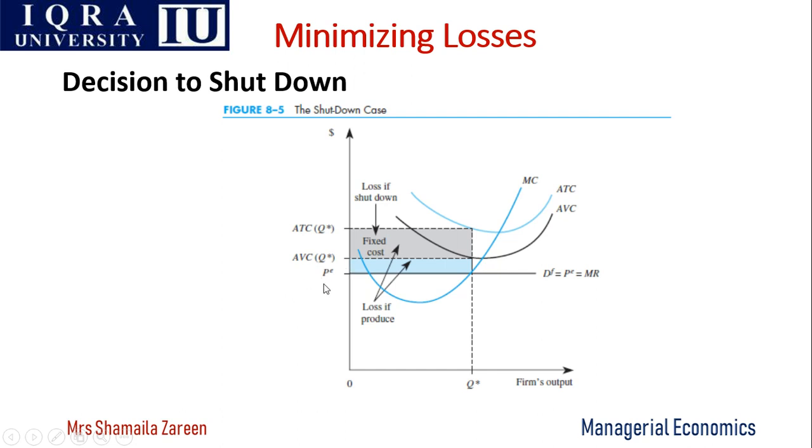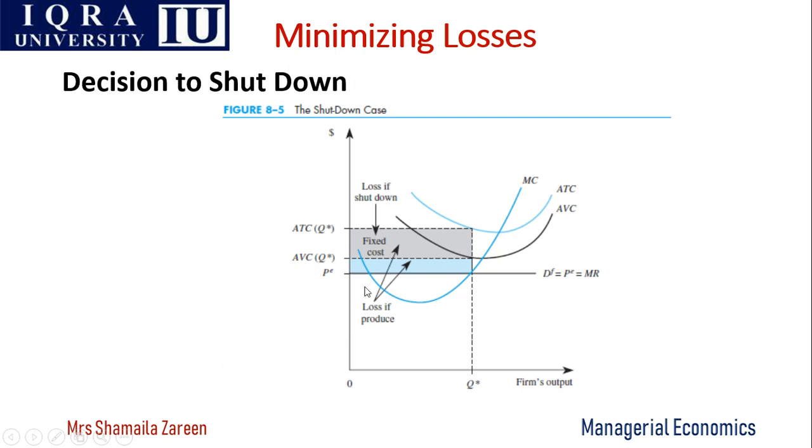If this price is less than average variable cost, the factory will close. If this price is above or equal to the average variable cost, the factory will run. In this case, the average variable cost is lying above the price line, so it means they will shut down. They will take the decision to shut down the factory.